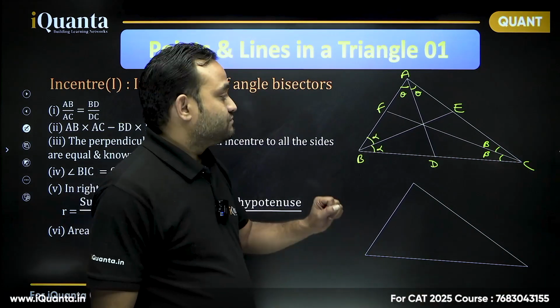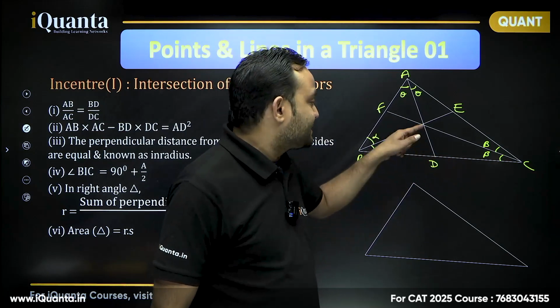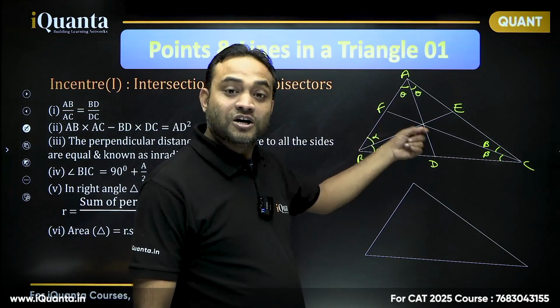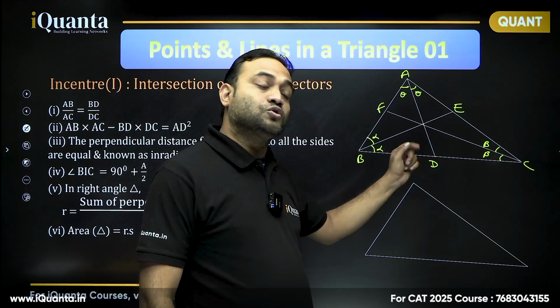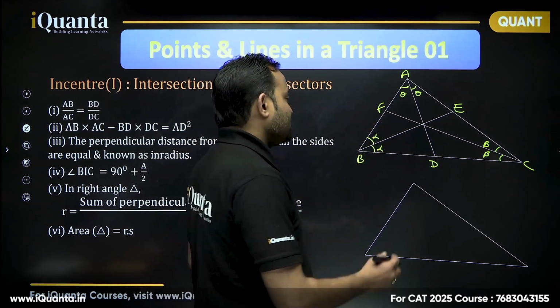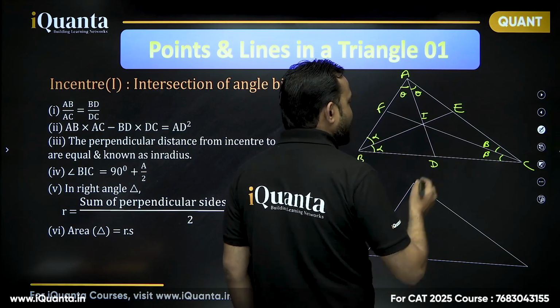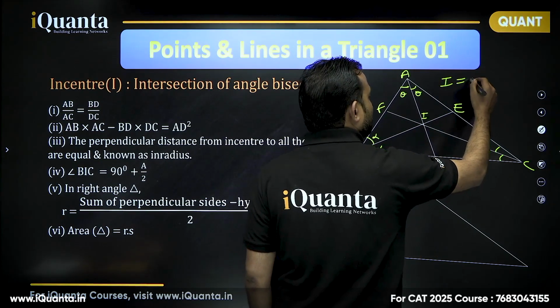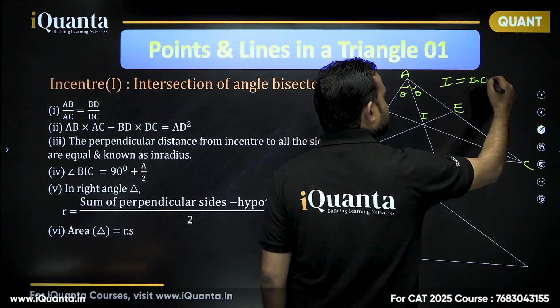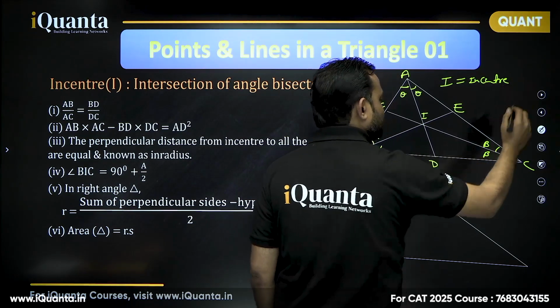And whenever two of such lines are intersecting at some place, third line will also go through same point. So this intersection point is known as I. I means incentre. I is nothing but incentre of this triangle.